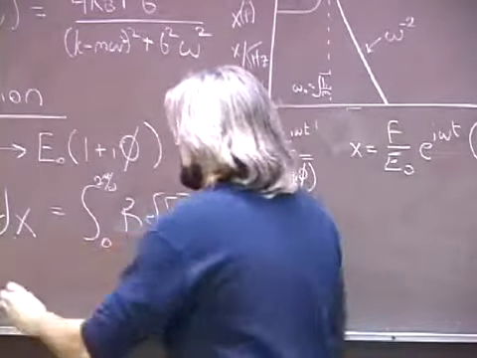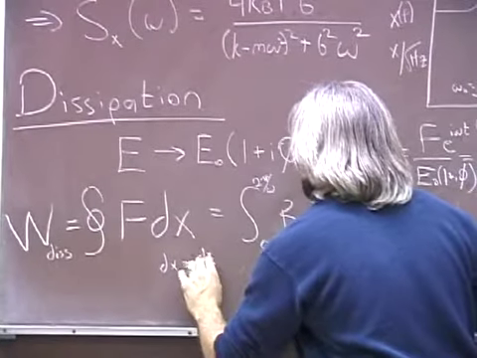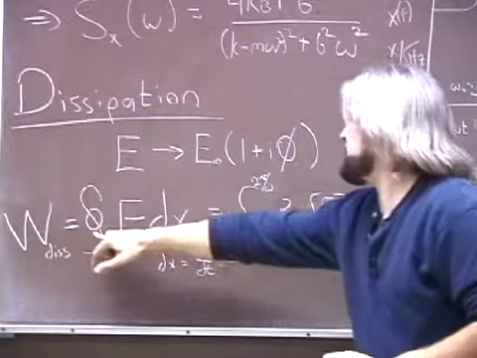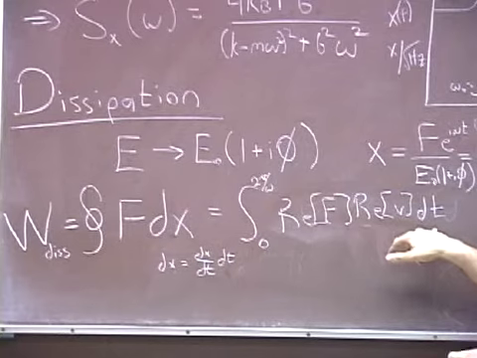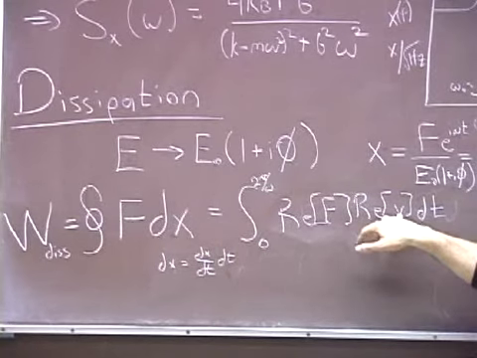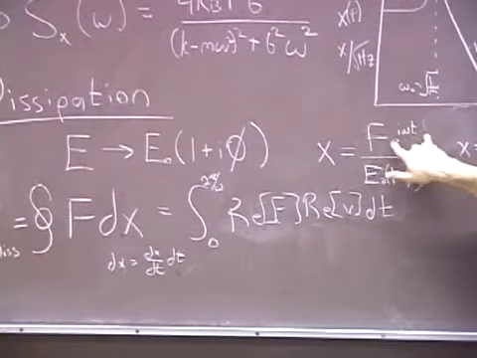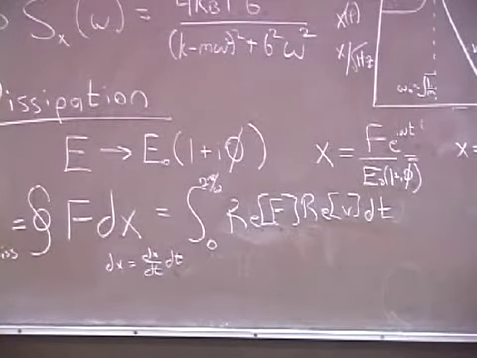Here, basically what we're doing is we're letting dx equal dx dt over dt, and transforming this integral over strain to an integral over time. There we get a velocity. We take the real parts of these quantities because when you're working in Fourier space, it's fine to handle imaginary quantities, but when you start multiplying them together, it's important to use only the real parts.